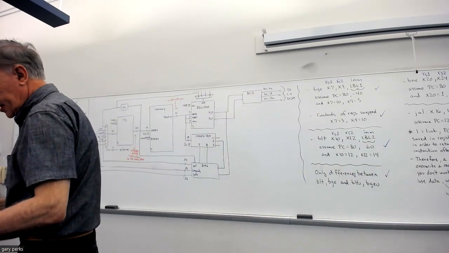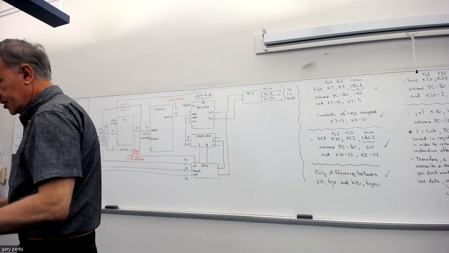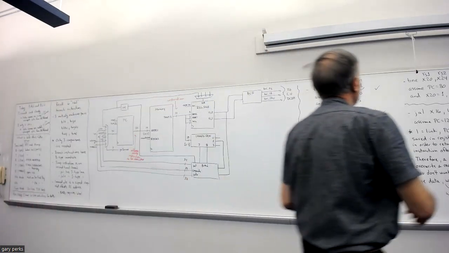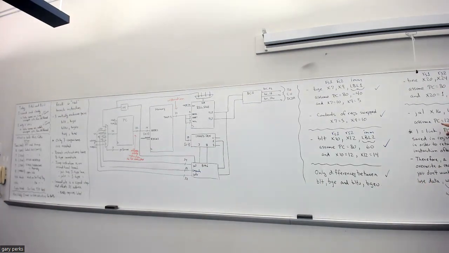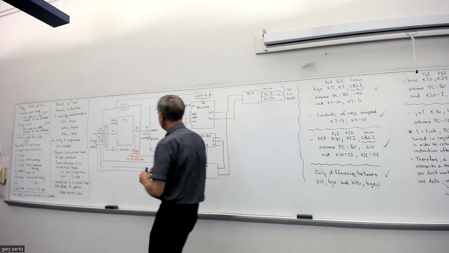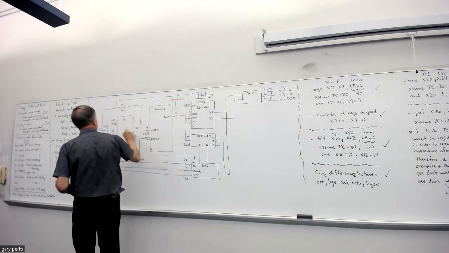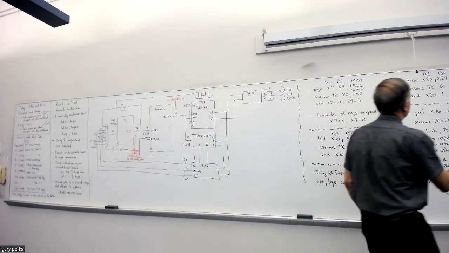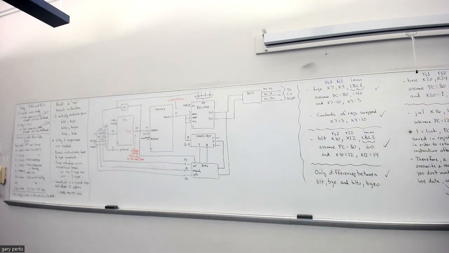All right, so this is the JAL instruction. We're going to assume that the program counter is at 120 to start with. And in the instruction, what is this X16?